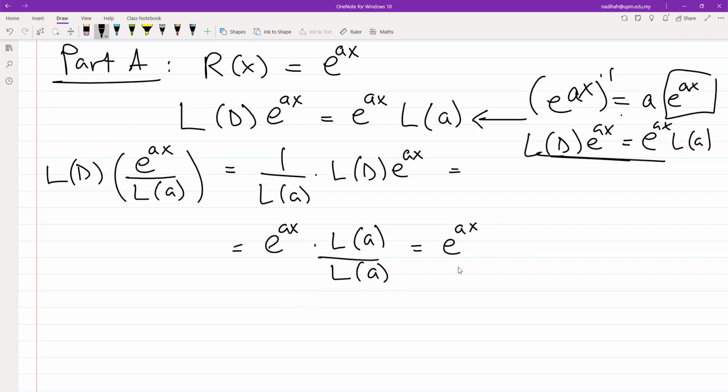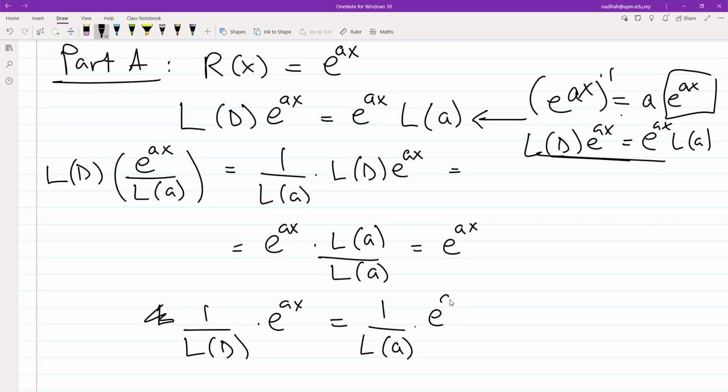Okay, so maksudnya apa? In this case, kalau saya buat macam ni, saya akan dapat L inverse operator on first derivative e to the ax is just equals to 1 over operation on constant a times e to the ax.